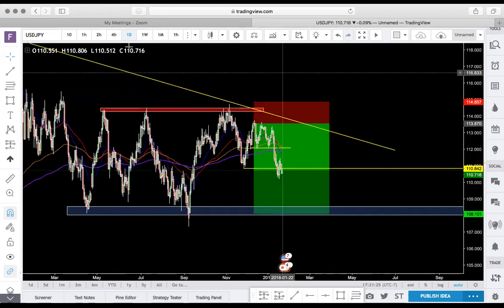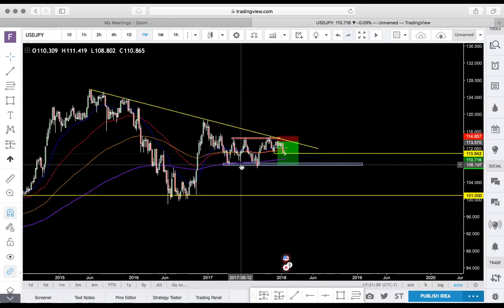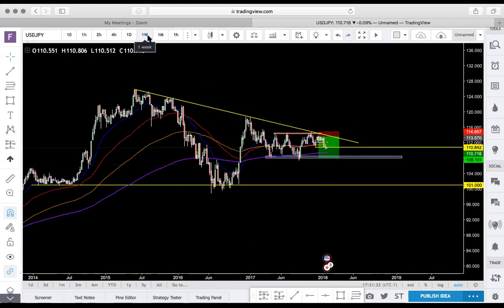But overall, the trend on dollar yen is down. If you zoom out and look at a weekly time frame, connect a pivot high from May of 2015 to, no, that's September, November of 2015, this little area here.